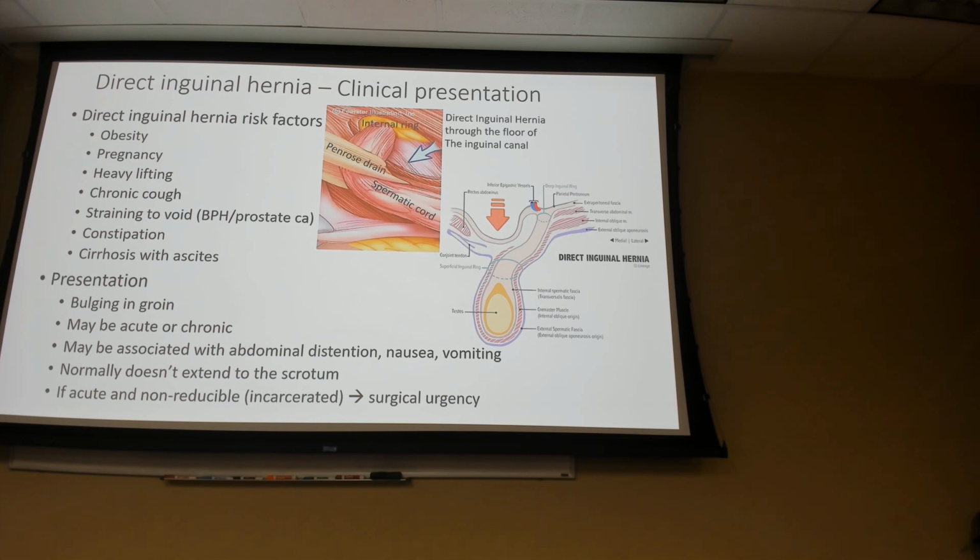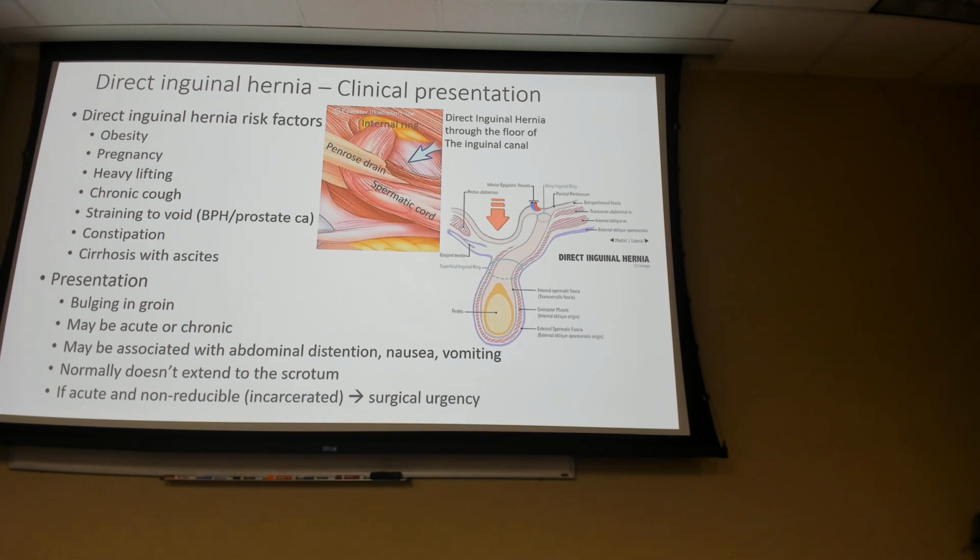Constipation is a common one as well, and some of these things we can manage in our patients pre-op or before the surgery, because most of these are elective unless it's incarcerated or strangulated. But like I said, they're going to have some sort of bulge in the groin. It can be acute versus chronic, and then they might have some sort of abdominal distension. And that's especially dependent on obviously patient factors and what sort of comorbid conditions they have.